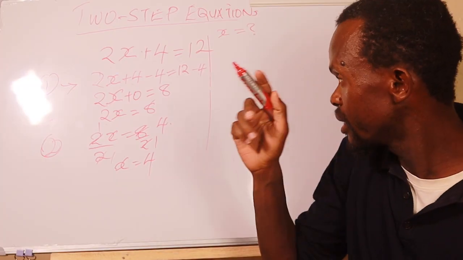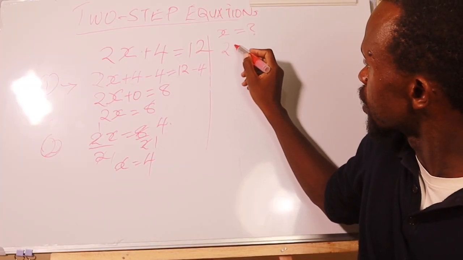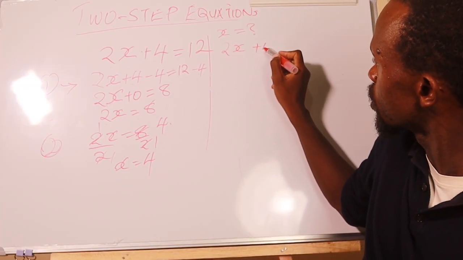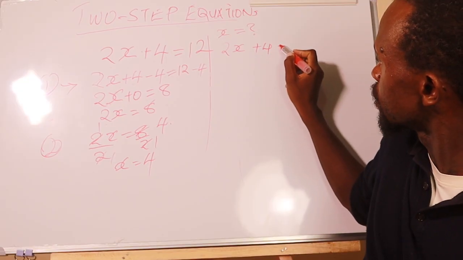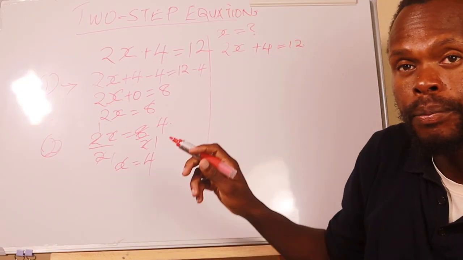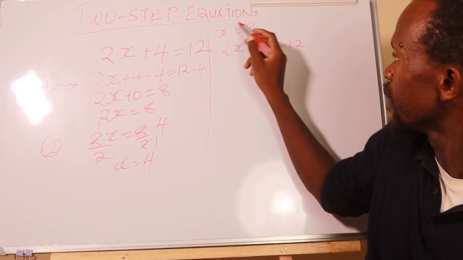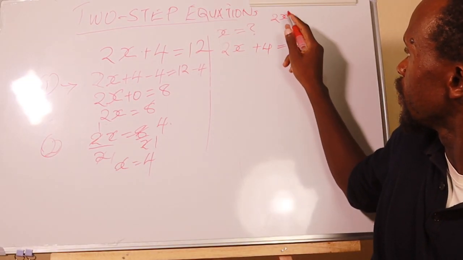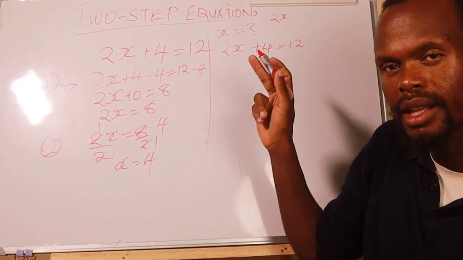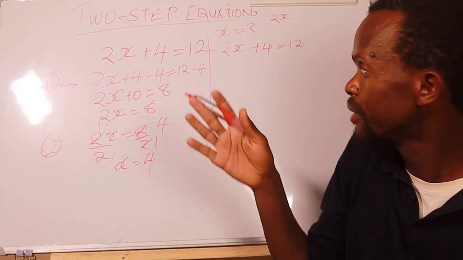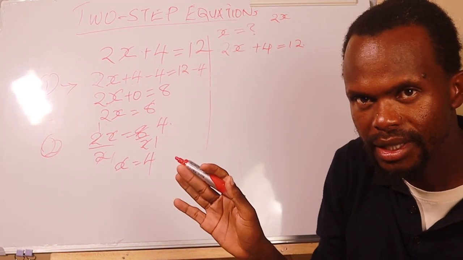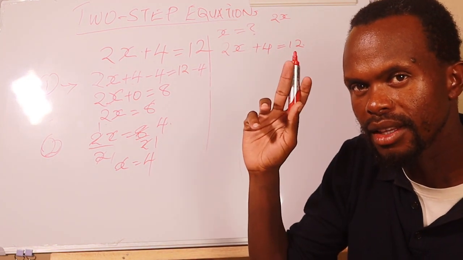Now the second method, which is almost the same approach: we had 2x plus 4 equal to 12. The second approach will be just to be left with the number just before x, which is the coefficient of x, on one side, and take everything else to the other side.